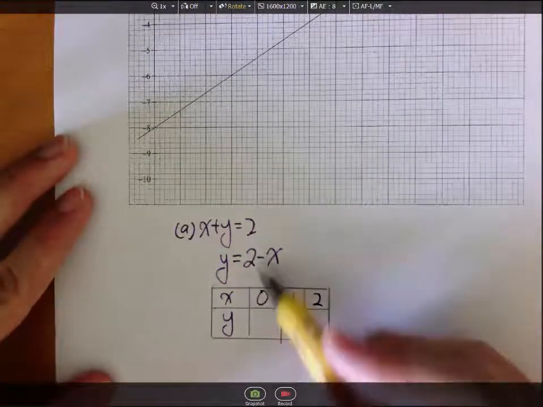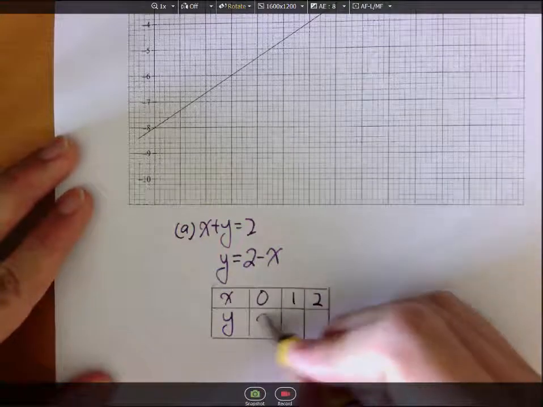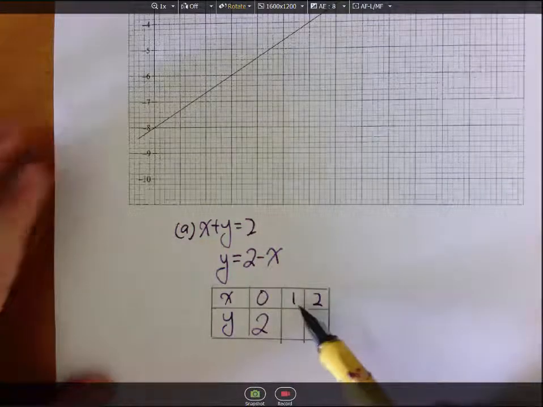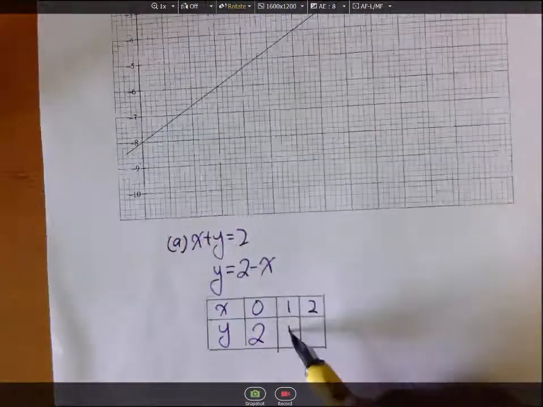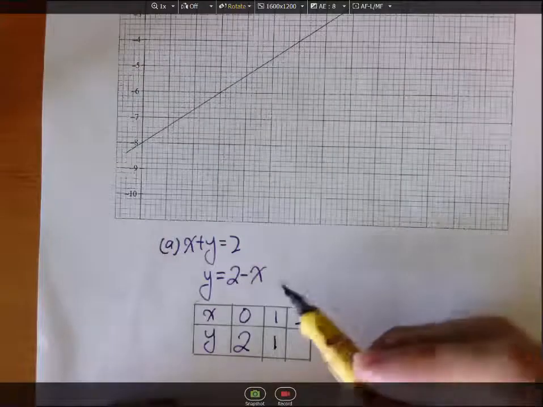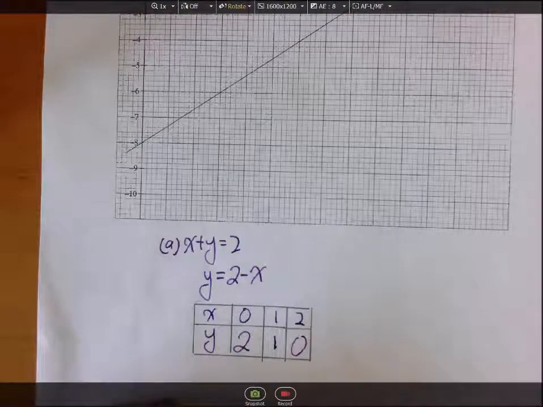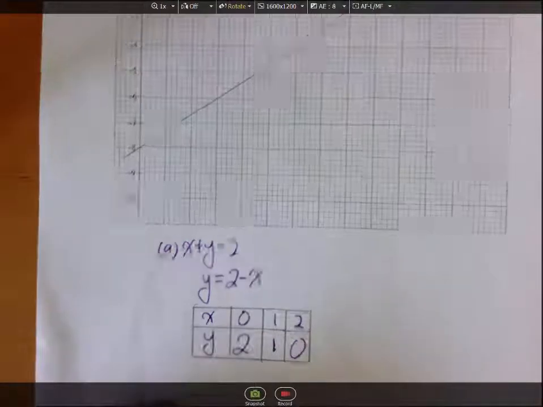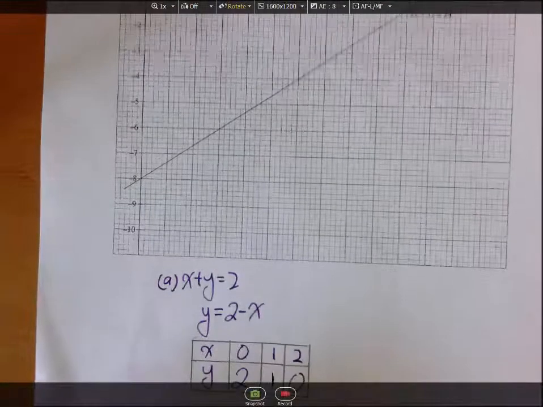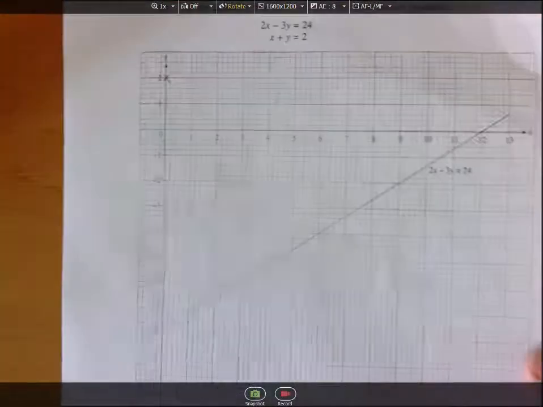So when x is 0, you substitute in the equation, y is 2. When x is 1, 2 minus 1, y is 1. And when x is 2, y is 0. Now we have our table of values. When x is 0, y is 2, we plot it there.